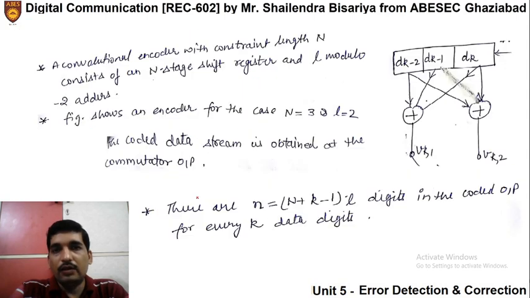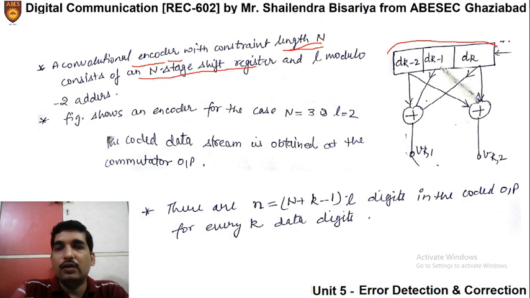So now we can define this thing in a proper manner that we have discussed: a convolutional encoder with constraint length n. What is the constraint length? It is based on the number of shift registers. As written here, a convolutional encoder with constraint length n consists of an n-stage shift register, as you can see here, this is your shift register of 3 stages in this case, and L modulo 2 adders.